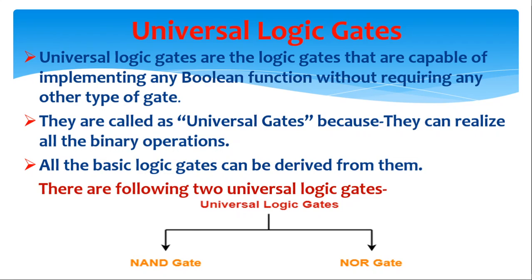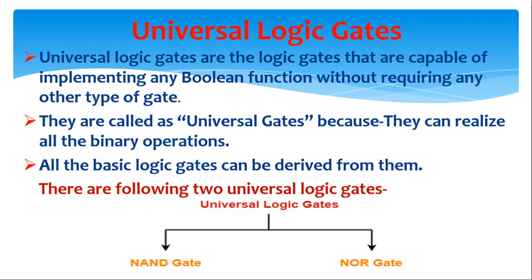Universal logic gates. The logic gates that are capable of implementing any Boolean function without requiring any other type of gate are called universal logic gates. They are called universal gates because they can realize all the binary operations.